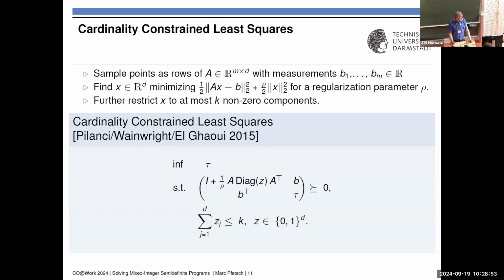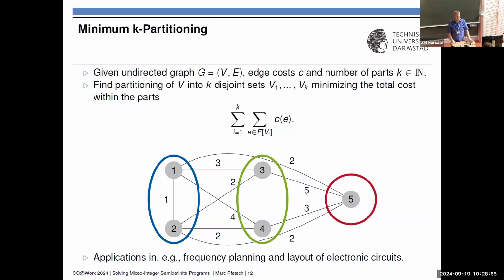And then the second very fast example is minimum k-partitioning. We are given an undirected graph. We want to partition the nodes into k parts such that the sum of the weights within each part is minimized. In the picture that explains it all, we have three parts, blue, green, and red, and we want to minimize the weights within the parts.